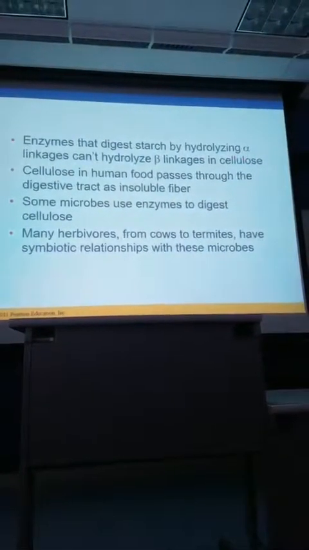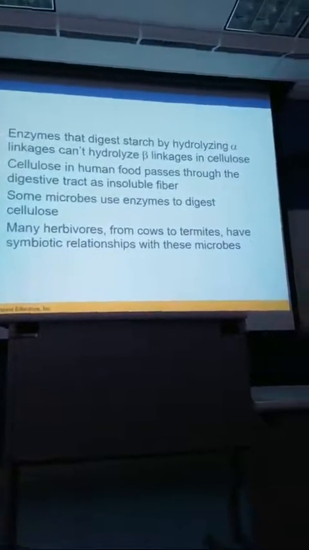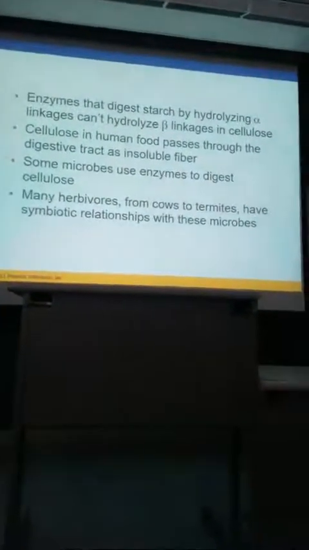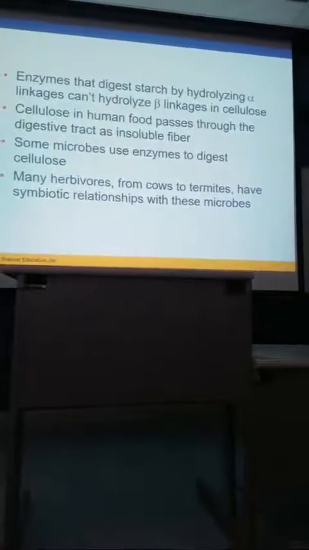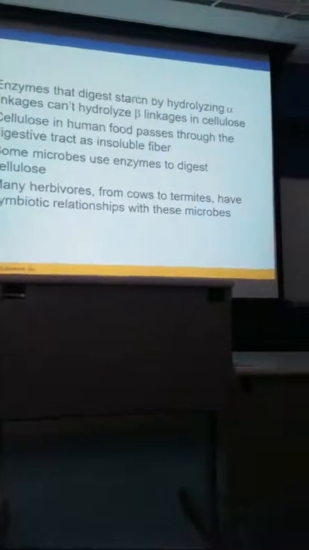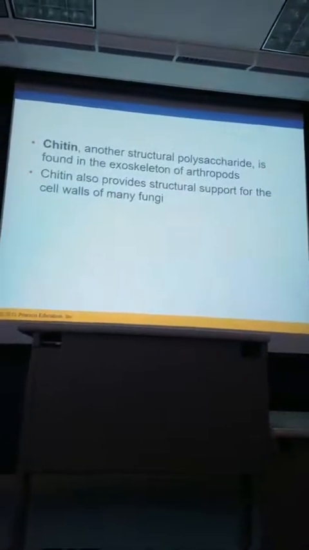Enzymes digest starch by hydrolyzing the alpha, but can't do the betas, so we can't digest cellulose. Some animals will use microbes, such as cattle, ruminants, things that can eat the woody stem plants and survive. And they do it because they have in their system bacteria that can do it.